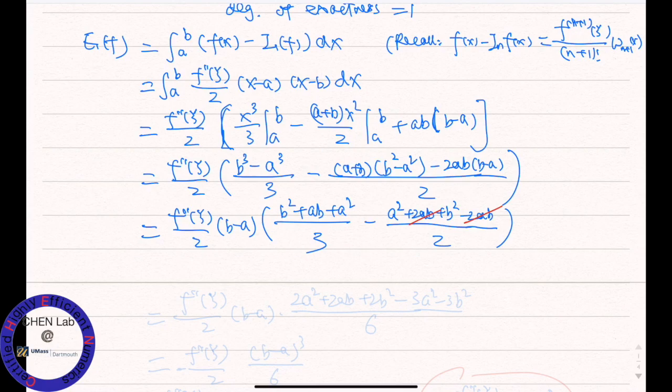So we ended up having what? You'll see it's very similar to the midpoint rule final result.